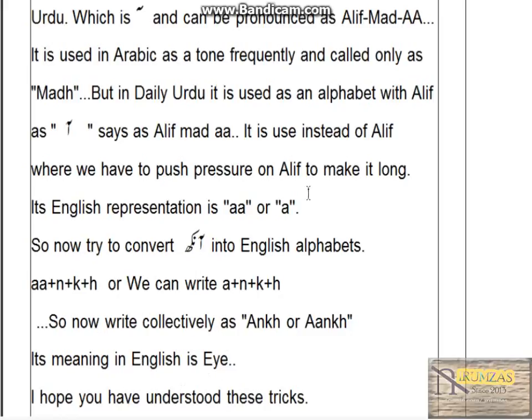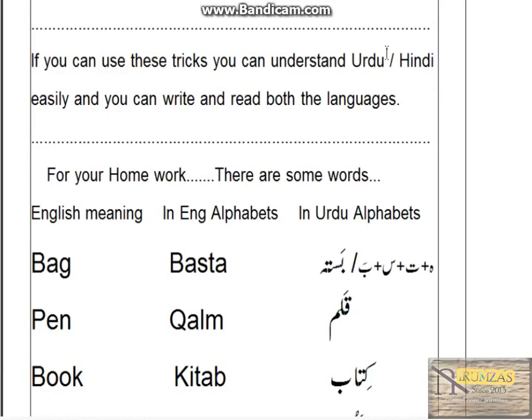I hope you have understood these tricks. If you have understood and got the skills to use these tricks, you can write and read both languages, Hindi or Urdu. So for your homework, there are some words I have given you, with their English meanings.